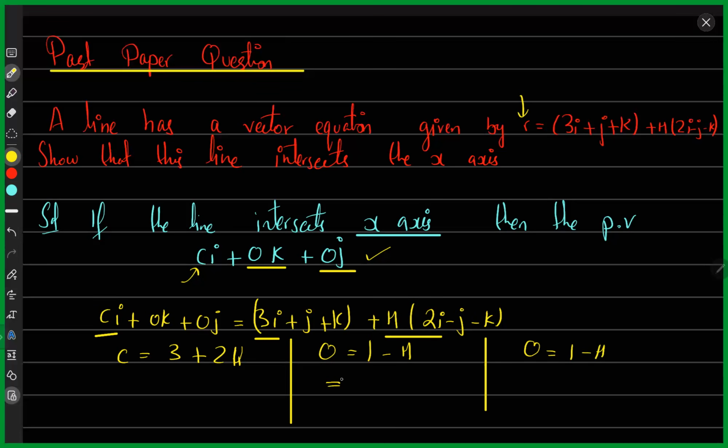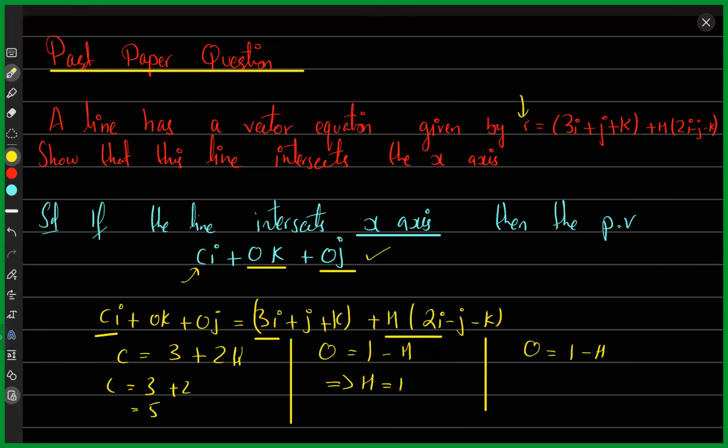So this would mean that mu is equal to 1. So c is equal to 3 plus 2, that is 5. When mu is 1, c is 5, and r is 5i minus 0j minus 0k. So the point (5, 0, 0) lies on the line and the x-axis. Therefore, the line intersects the x-axis.